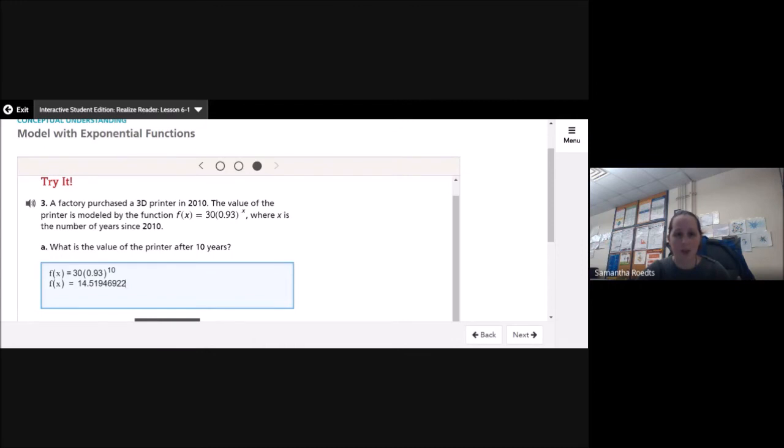This is the value of the printer if it was purchased, so this is going to be money. Money is usually two decimals, so it'll be about $14.52, because 519 rounds to 2, so $14.52.